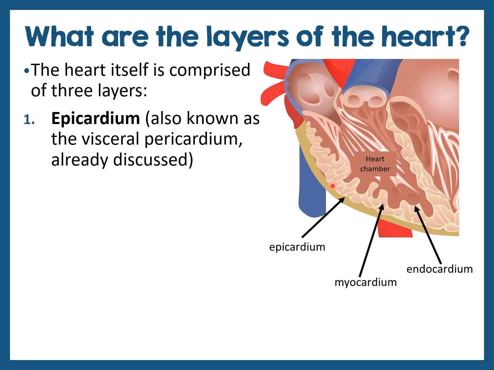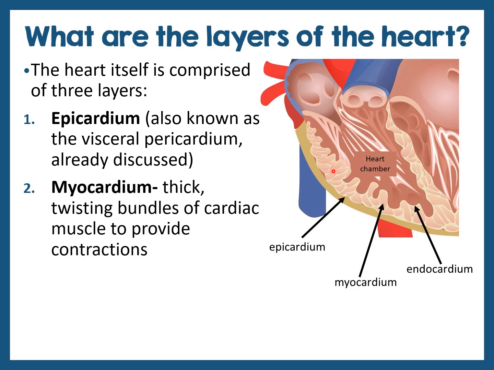This outer layer will have connective tissue, and it'll have some adipose in some parts, but it will house the blood vessels and lymph. The thicker layer in the middle is the cardiac muscle. The cardiac muscle is actually these twisted bundles that will spiral around the heart.